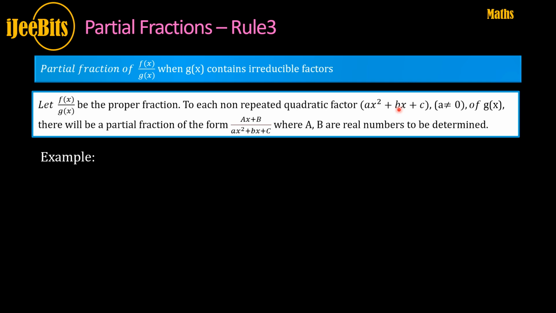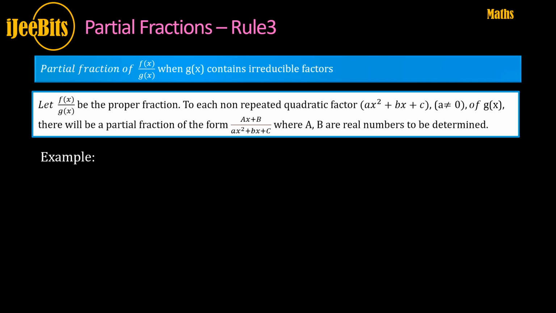In that scenario, for each term, you have to use something like Ax plus B by ax square plus bx plus c, where uppercase A and B are real numbers which are to be determined. That's a clue.